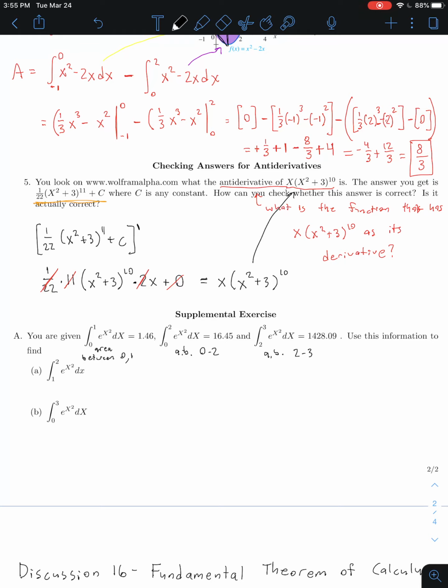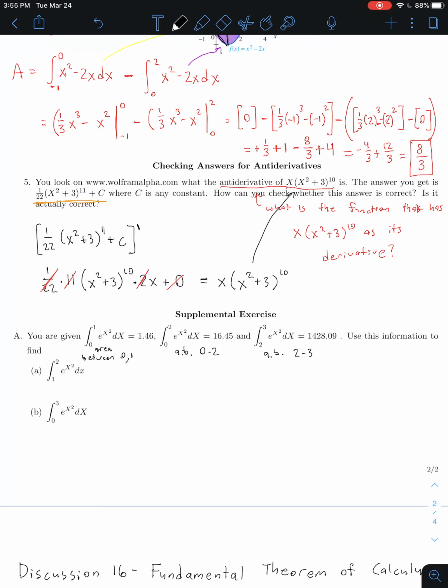The second integral tells us that between 0 and 2, the area is 16.45. And the third one tells us that between 2 and 3, the area is 1428.09. And question A is asking us, what is the area between 1 and 2?